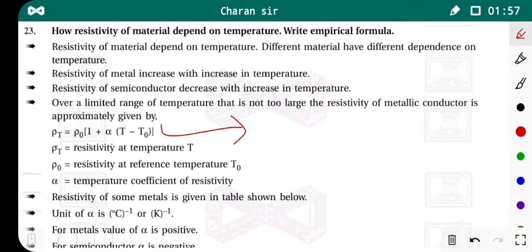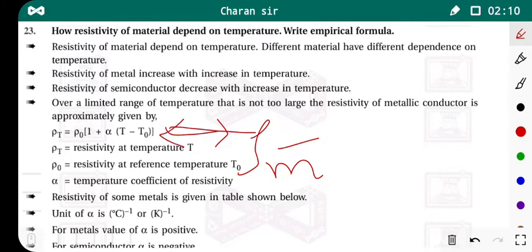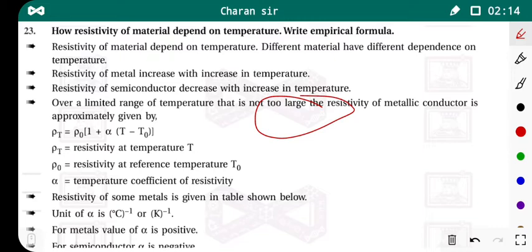But notice that this equation is valid only over a limited range of temperature. Only over a small range of temperature can the resistivity of metals be defined by this equation. For a large range of temperature, this equation does not hold.